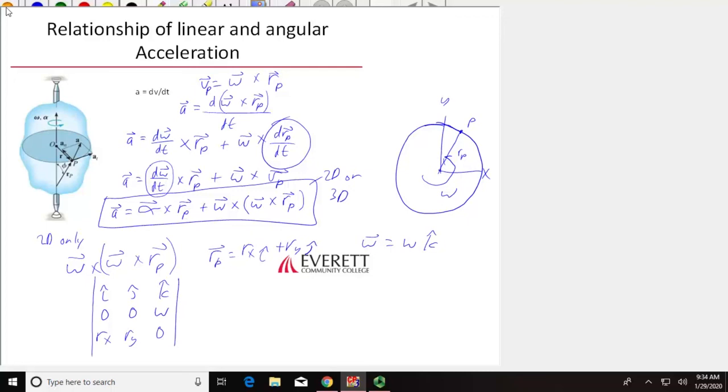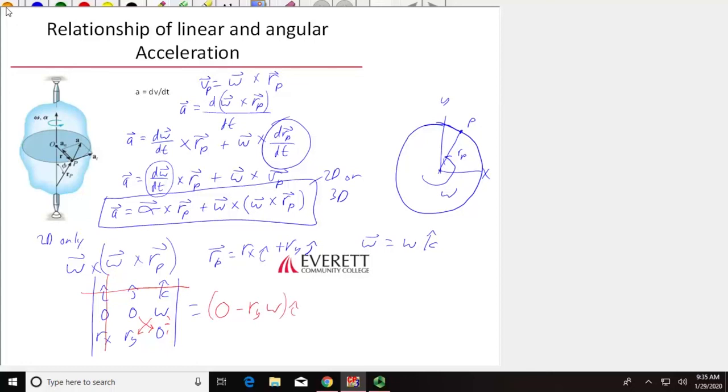We take the determinant of that matrix, and we get our cross product. How do we take the determinant? Well, we cross out the column and row that i is in. Then we take the determinant of that 2 by 2 matrix, which is just multiply these two together and subtract these two multiplied together. So we end up with 0 minus r_y omega, all of that times i.